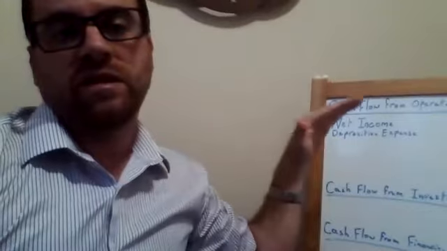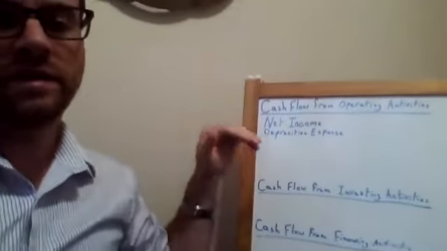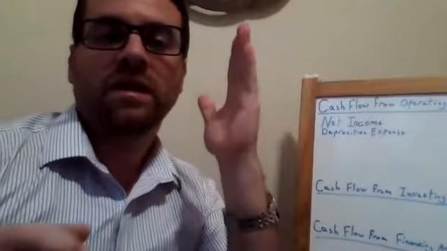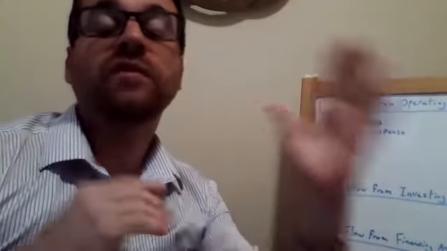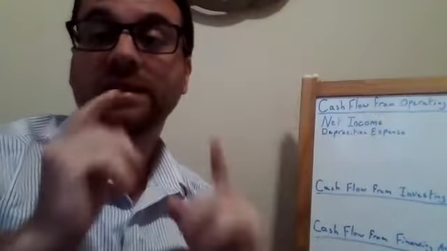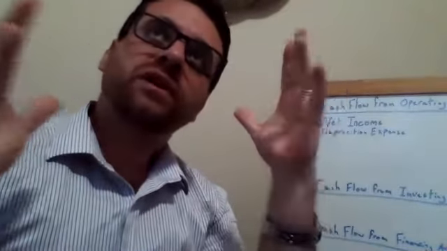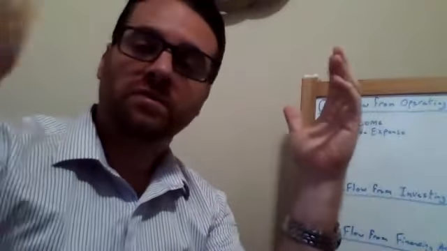cash flow statement. So the main difference between all those three is the operating. It's all about the cash that comes from the revenues minus the expenses, but in cash basis. So when it comes to revenue and expenses, we can think income statement, right?